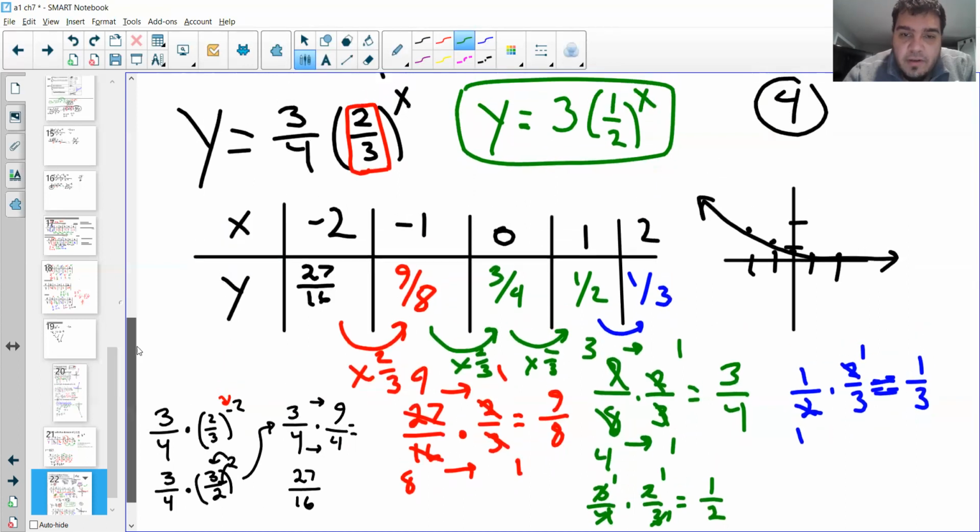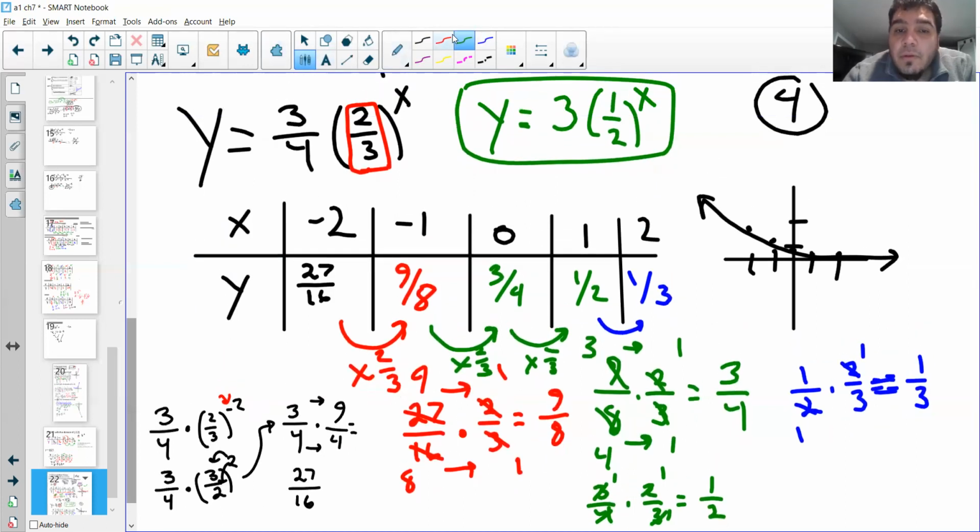Actually, I'll just pause it and then I'll start doing the next problem. In the green box, number one: y equals 3 times 1/2 to the x power.